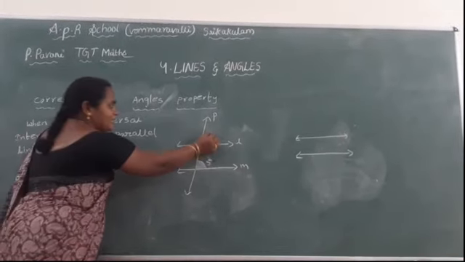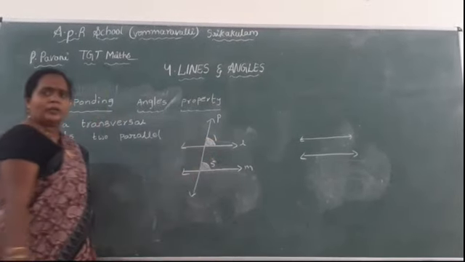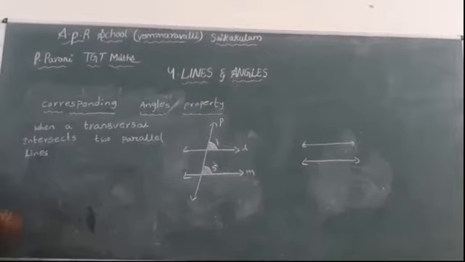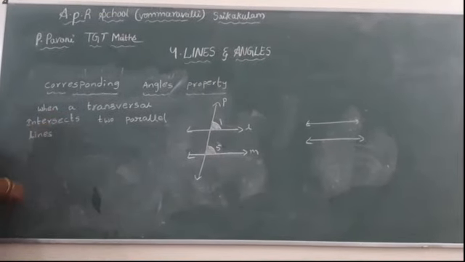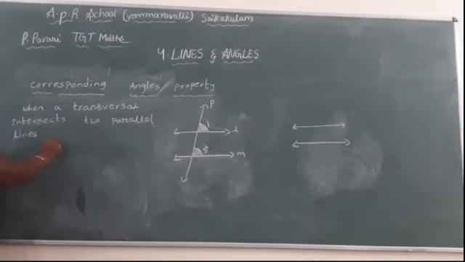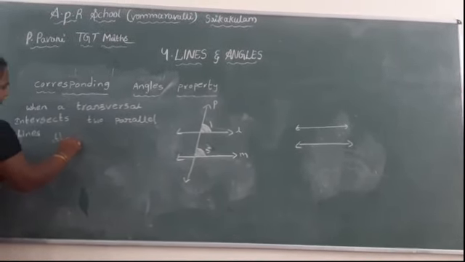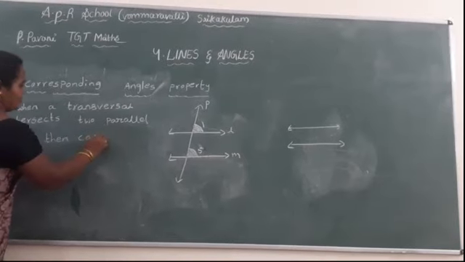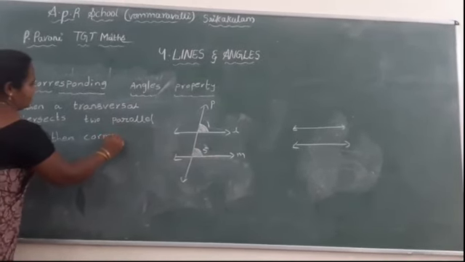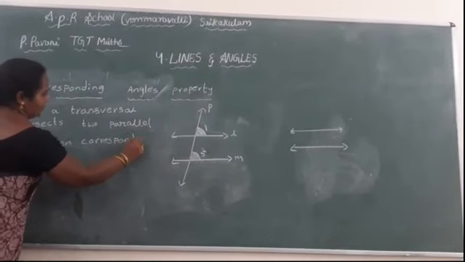That means angle 1 is equal to angle 5. When a transversal intersects two parallel lines, then the corresponding angles are equal.